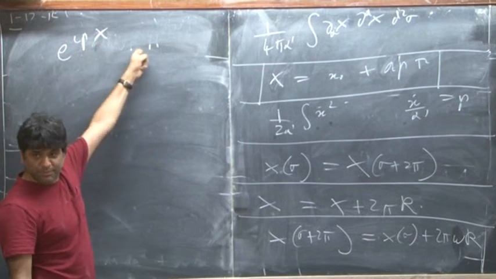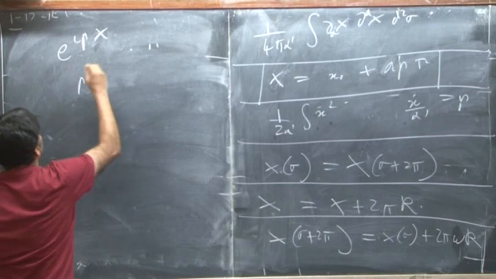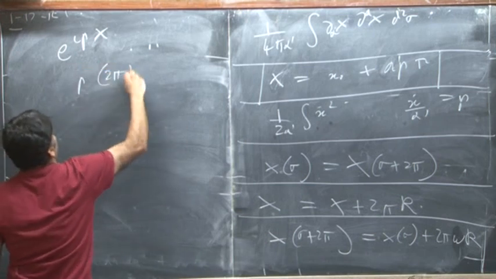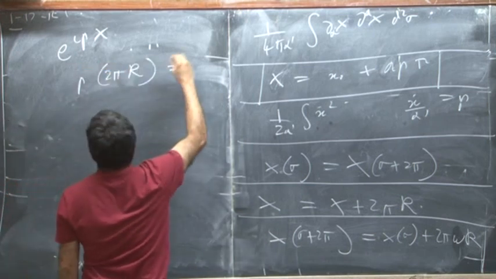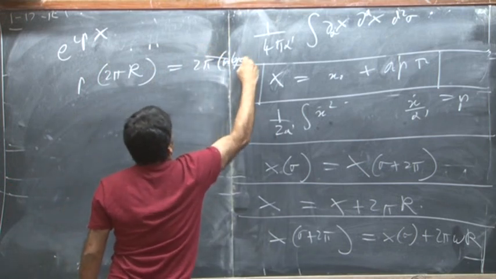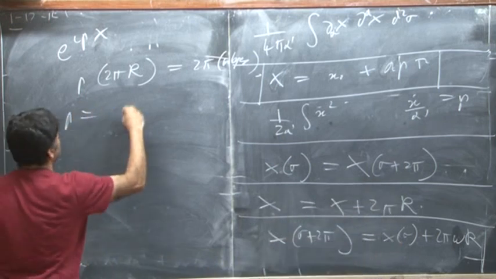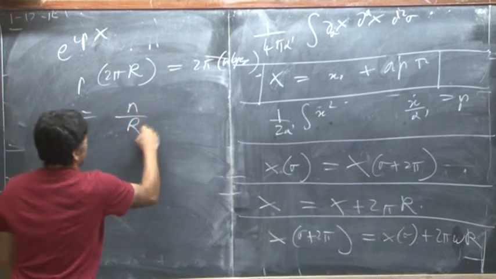Since x and x plus 2 pi r are the same thing, we must have that p times 2 pi r is equal to 2 pi times an integer. And therefore p was equal to an integer divided by r.